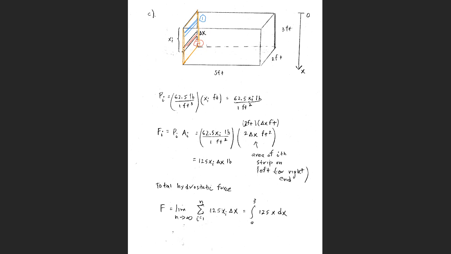Well, this left side of the aquarium, you have different levels, and I'm showing level 1 and level 2. Which level is going to have a greater hydrostatic force acting on it?